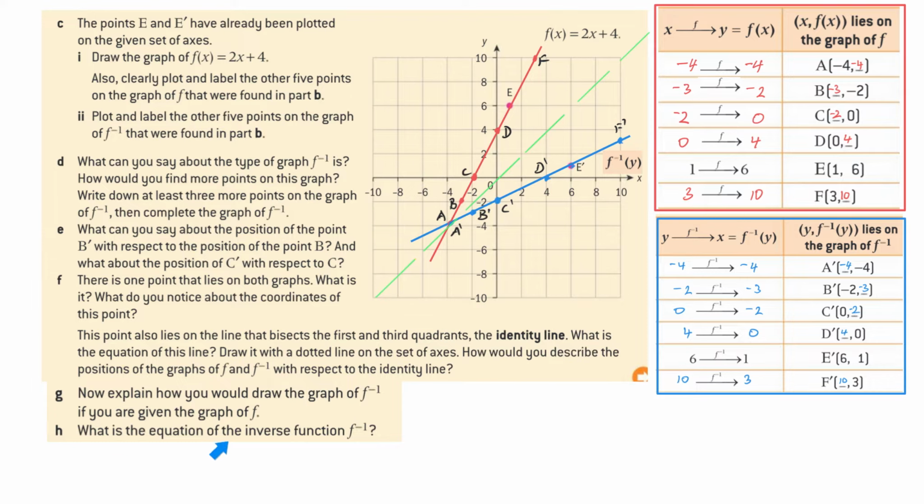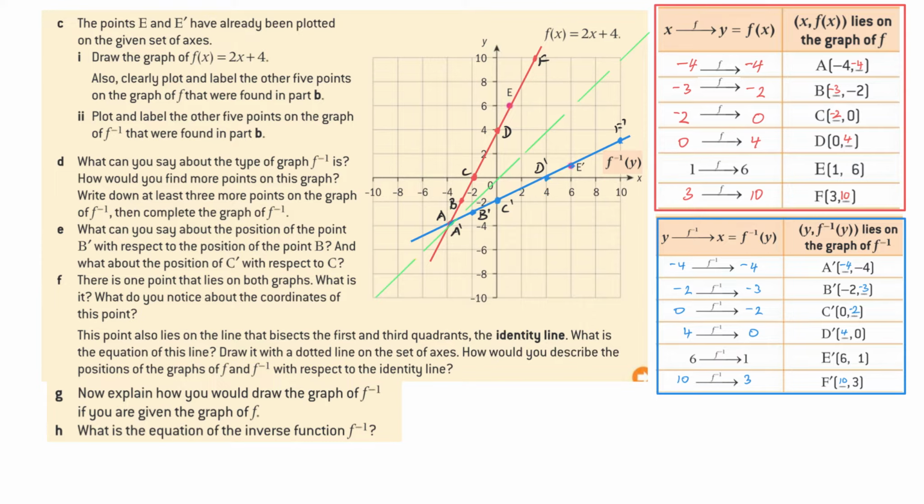And it says H, what is the equation of the inverse function? Well, we can get the equation of the inverse function from this, but graphically, we know what it's going to be. It's crossing at -2, so for y equals mx plus b, if it crosses at -2, we know it's going to be y equals mx minus 2. The slope is still positive.